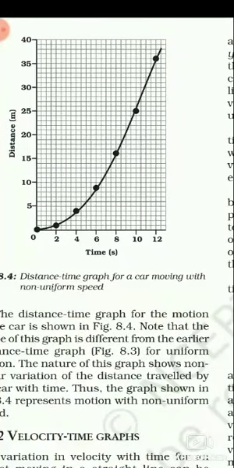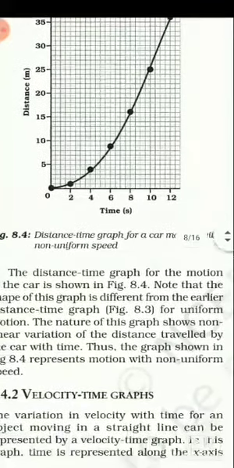Clear? Now here if you take this time slot and measure the distance covered, you will get different speeds in different time intervals. Also from this graph we can calculate the average speed by dividing total distance covered by total time taken. If you take the time slot 2 second to 4 second, the distance covered will not remain the same.